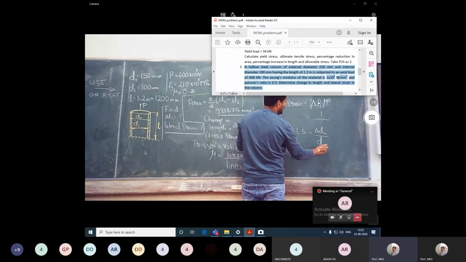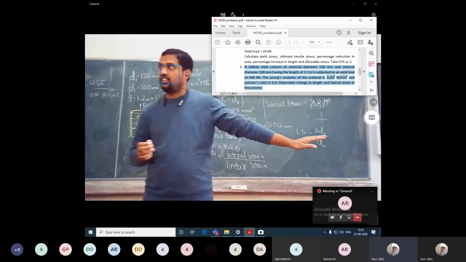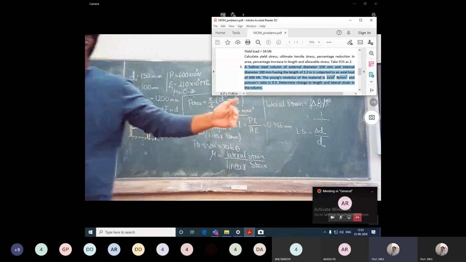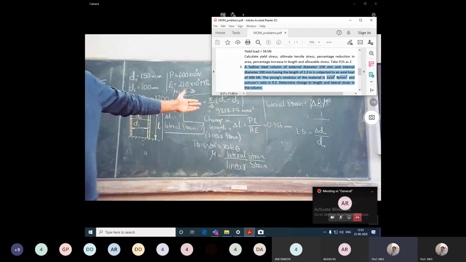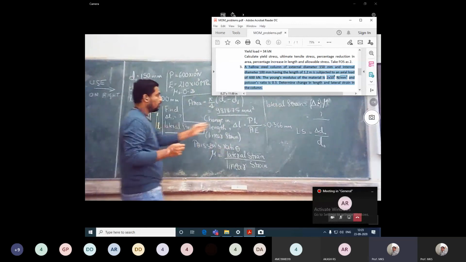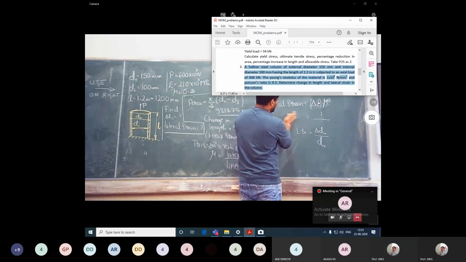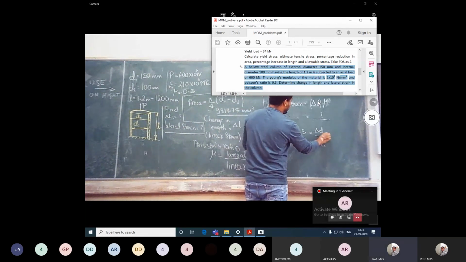Similar to strain, which is change in length to original length, lateral strain is change in diameter to original diameter. So you need to find out delta D naught.